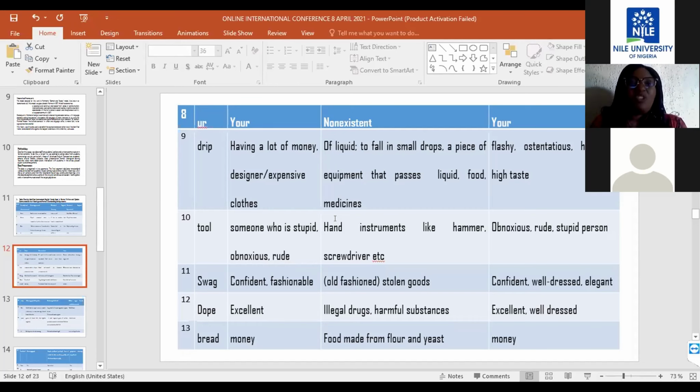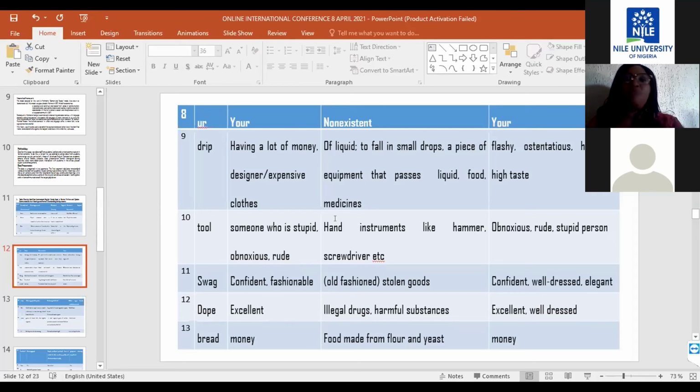What is the standard English meaning? If I say drip, in the standard English form, it will just mean, of course, of liquid to fall in small drops, or a piece of equipment that passes liquid, food, or medicines. So someone is on drip in the hospital, that is what it means.